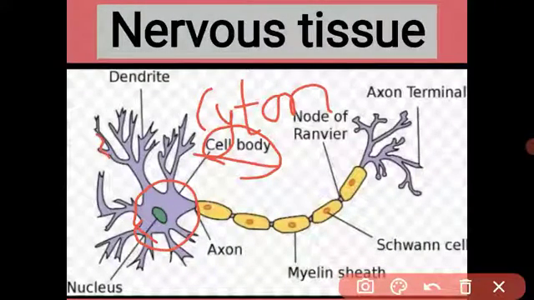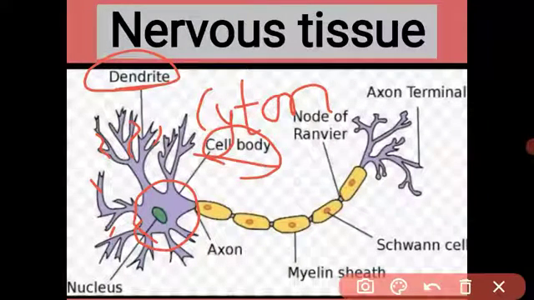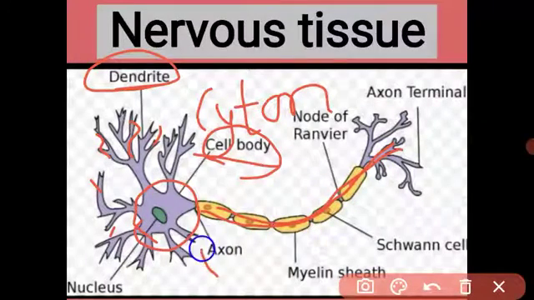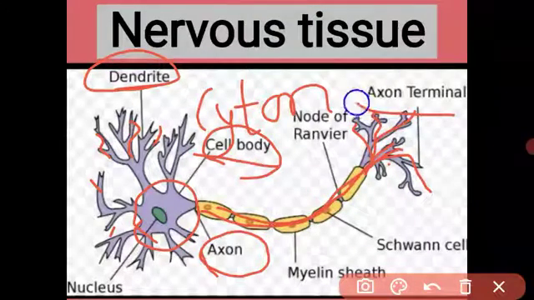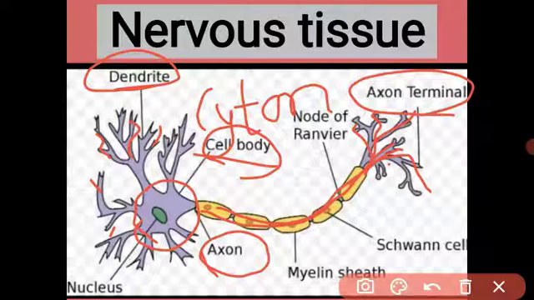Another, these branch-like projections are called the dendrites. This long fiber is called the axon. And again, the one fiber is divided into many branches, called the axon terminals. These are the main parts of the nervous tissue. In the cyton, the cell body, the nucleus and cytoplasm are centrally present.